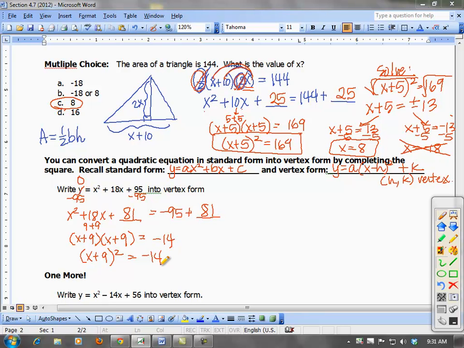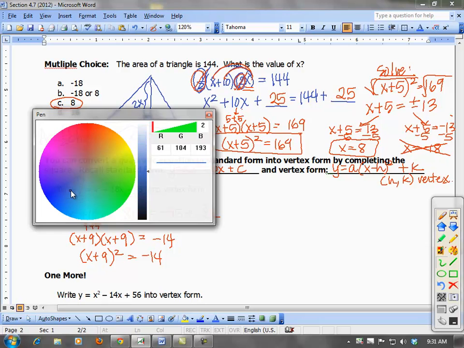Now, we boxed this in every other form because we were solving. I'm not solving anymore. What I want to do is go back to a y equals equation where everything is over on one side and the other side is only a y. So here's the next step, and let me change the color so you can kind of see.